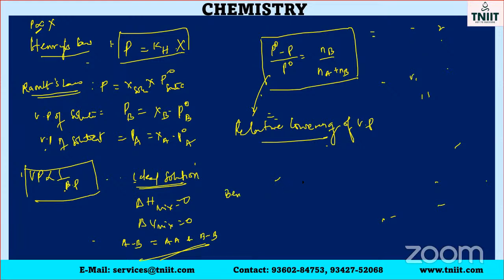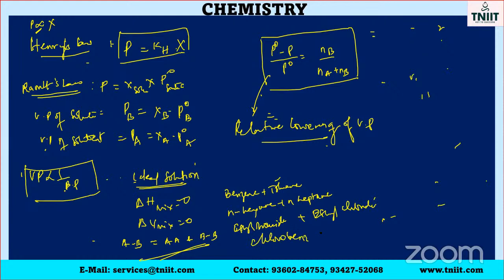If you mix benzene and toluene, no chemical reaction takes place. Hexane and n-heptane, no chemical reactions taking place. Ethyl bromide and ethyl chloride, no chemical reaction, therefore ideal solution. Chlorobenzene, bromobenzene.